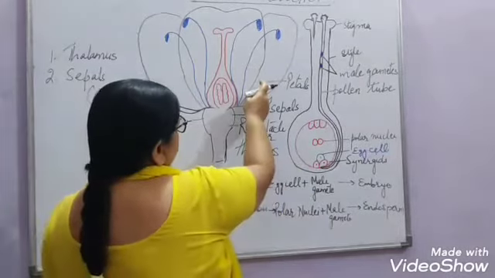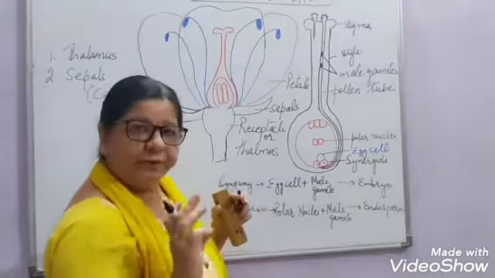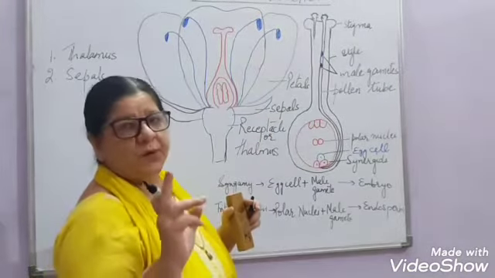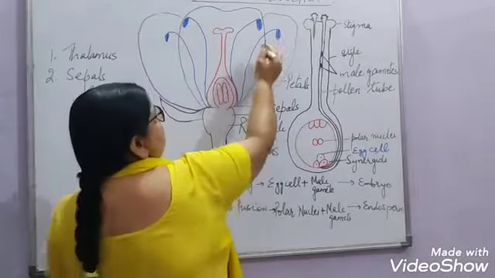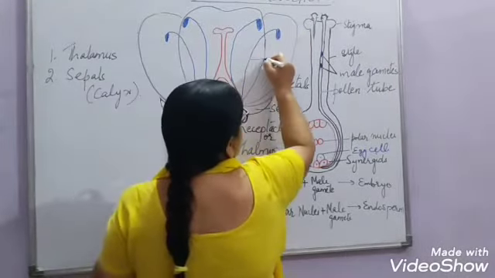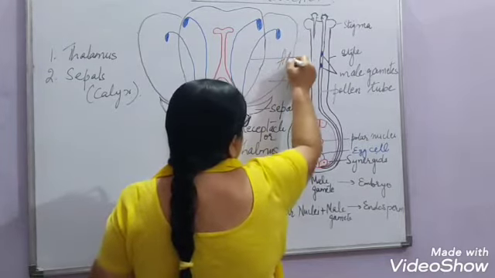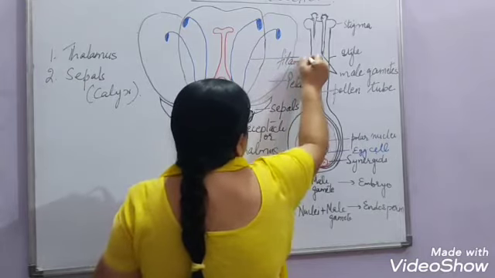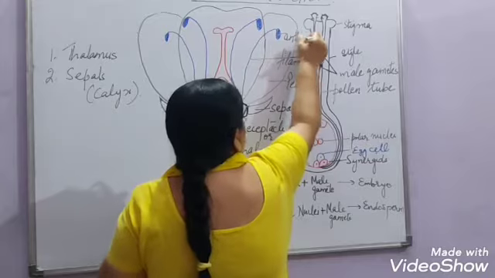Then there are two main parts of the flower which are responsible for reproduction. One is this part, called the filament, and this is called the anther, right?